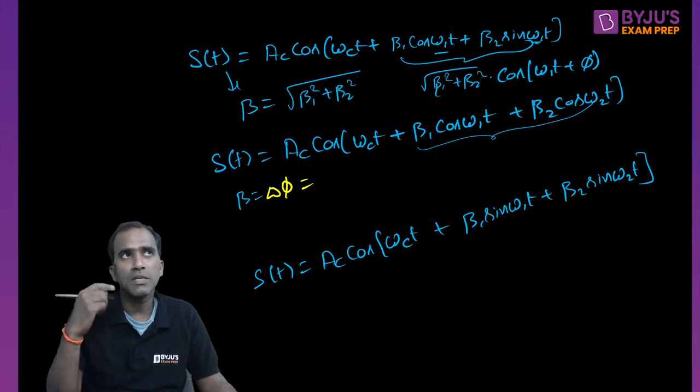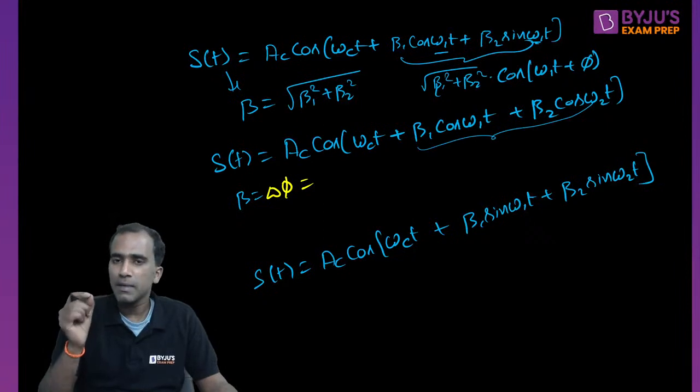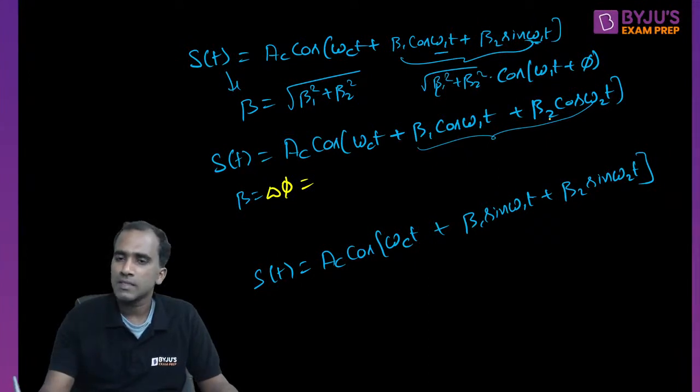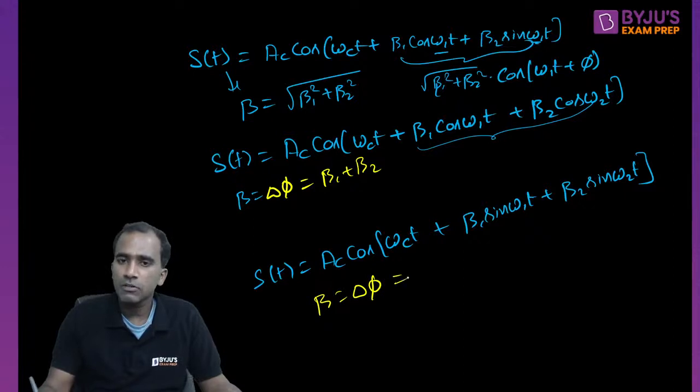At time 0 both have maximum magnitude, so the resultant signal also has maximum magnitude at t equal to 0. So if you put t equal to 0, it is beta 1 plus beta 2. It's very easy.